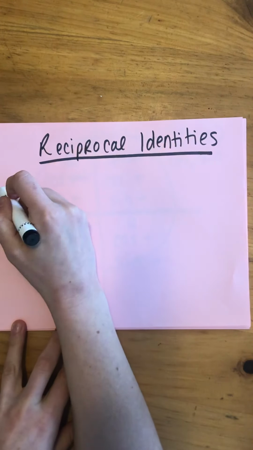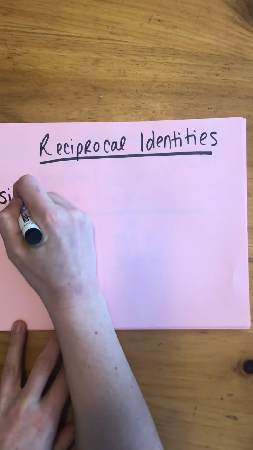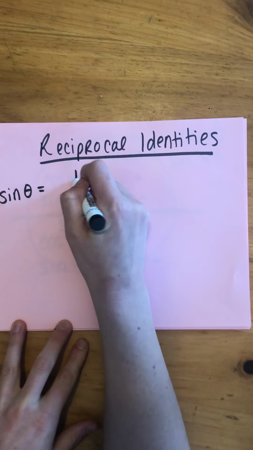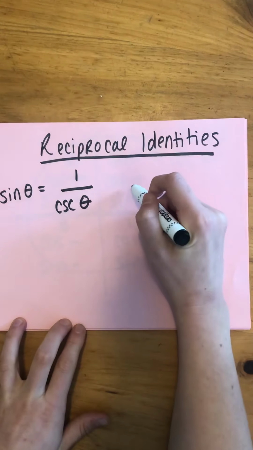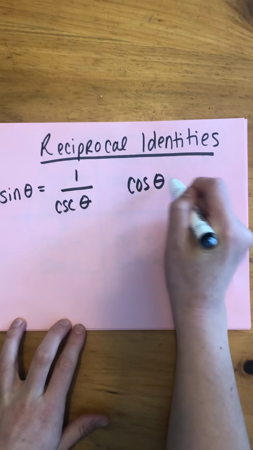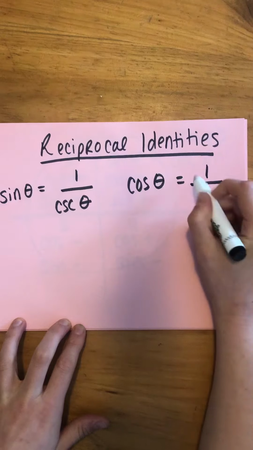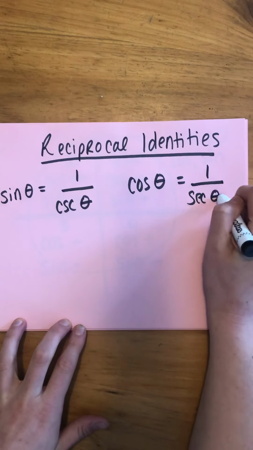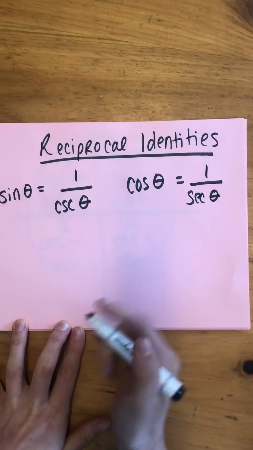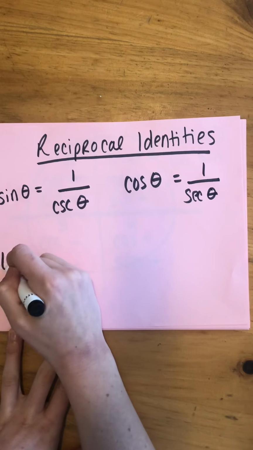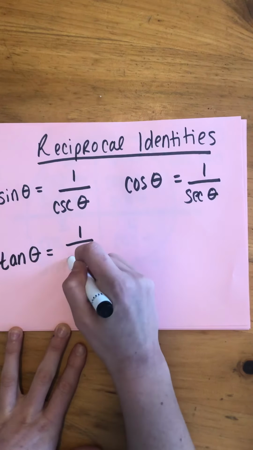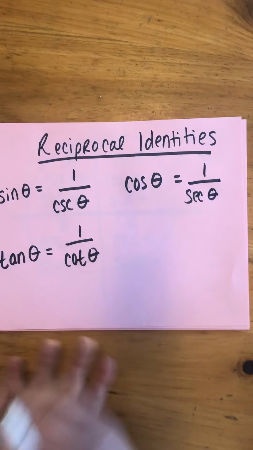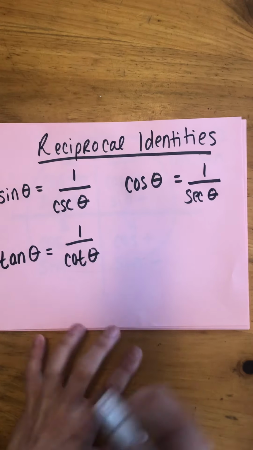So there are the reciprocal identities, and that's basically saying that sine and cosecant are reciprocals. Cosine and secant are reciprocals. And tangent and cotangent are reciprocals.